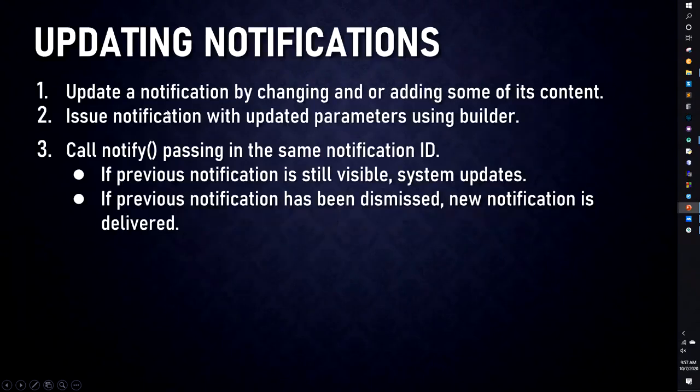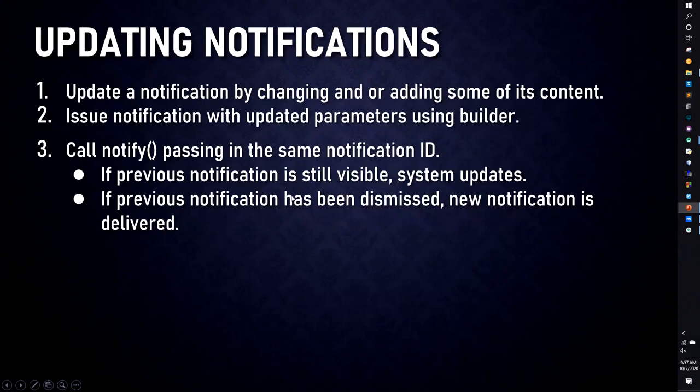To manage notifications, you can update your notification by changing or adding some of its content. You can update some parameters using your builder, and use the notify method to pass the same notification ID so that you can access the specific notification that you already have.